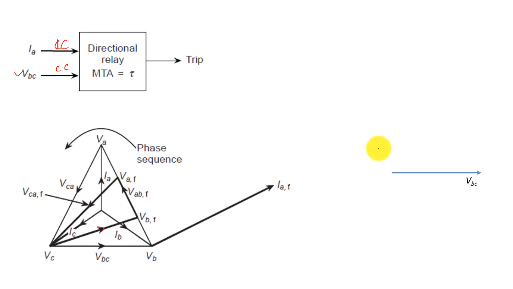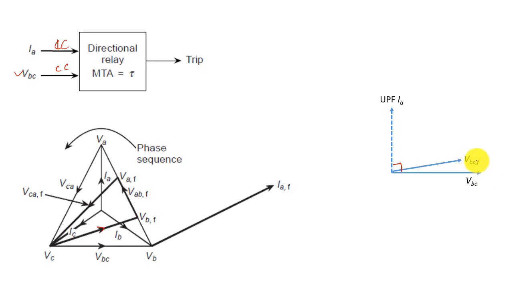Now plotting VBC, we can see that VBC is obviously making an angle of 90 degrees to VA and IA before the fault, and your UPF IA, that is the IA under unity power factor condition before fault, will obviously make an angle of 90 degrees to VC. This VBC is your voltage before the fault.